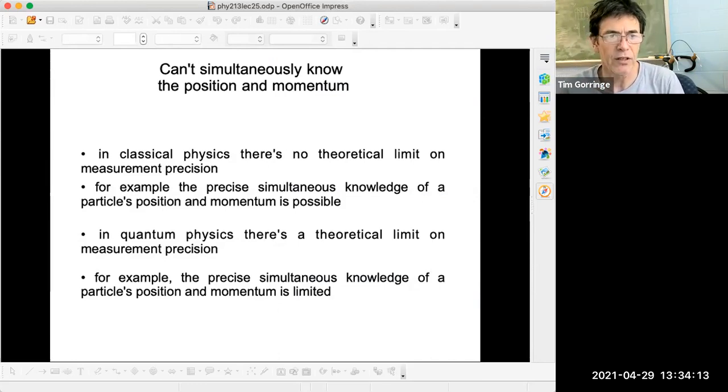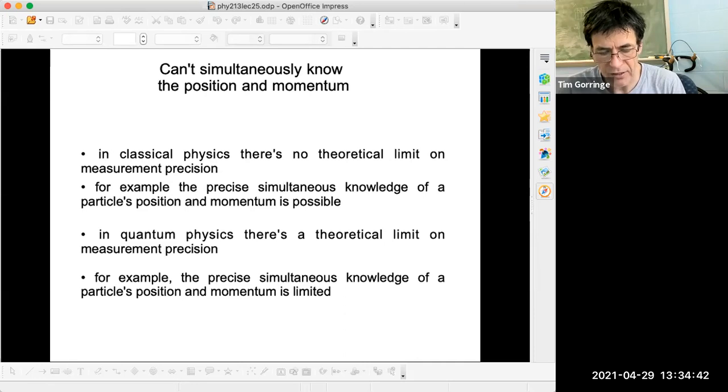So that's the basic idea. In quantum physics, in modern physics, you cannot simultaneously know the position and momentum of a particle, say of an electron. You know, in classical physics, there is no limit on how well you can know the position and momentum of a particle. You can know them simultaneously, very precisely, as good as you can measure them.